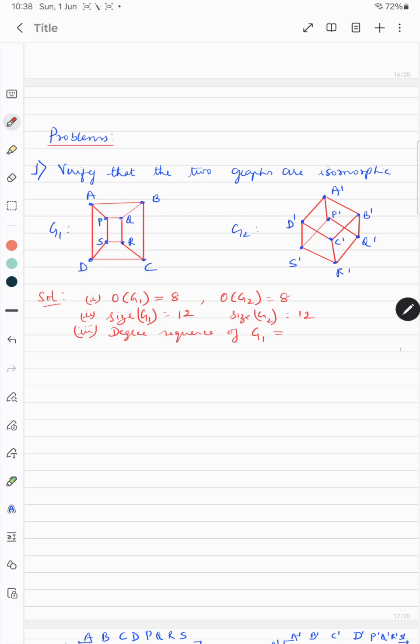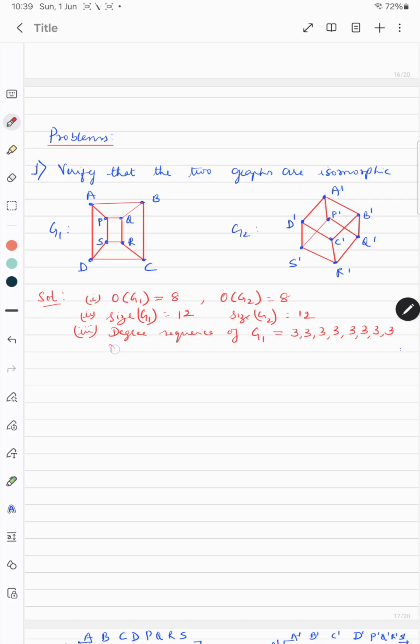Degree of C is also 3. D is also 3. Degree of P is 1, 2, 3. Degree of Q is 1, 2, 3. So all the vertices have degree 3. So 8 times 3. This is the degree sequence of graph G1.